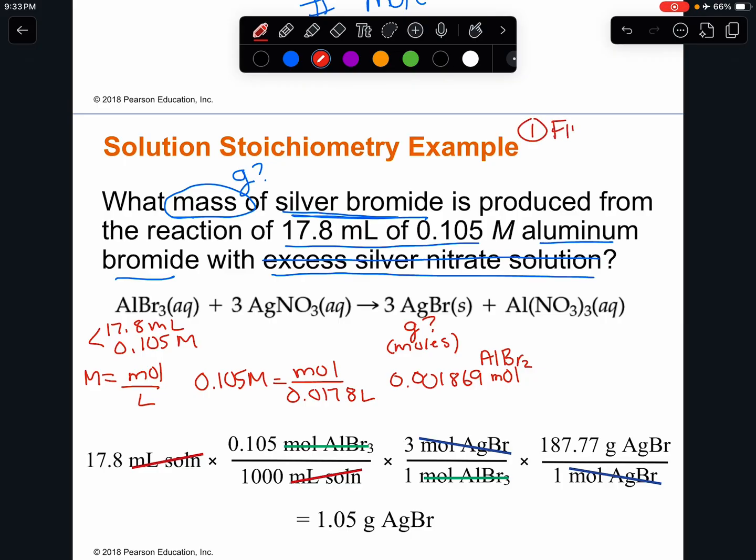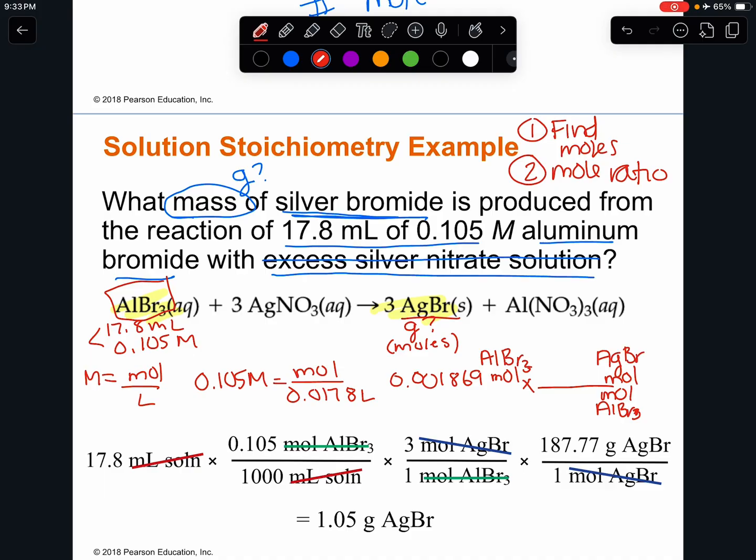So first thing we did was find moles. Okay, step one, find moles of what we're starting with. So we started with this aluminum bromide, we found its moles. Now we're going to go ahead and do a mole ratio. That'll get us from this aluminum bromide to what we're trying to finish in. Okay, we just had a test on this concept, so this part isn't new. So what I'm leaving goes on the bottom. This should have been AlBr3, excuse me here.